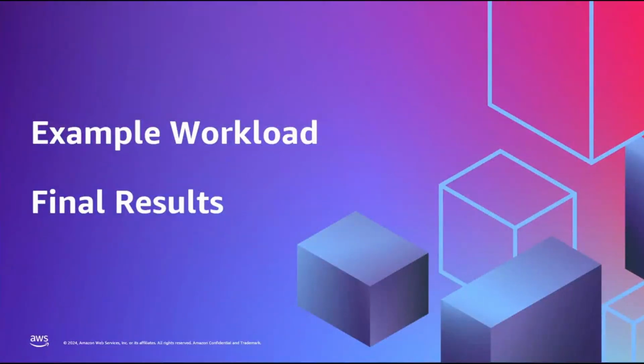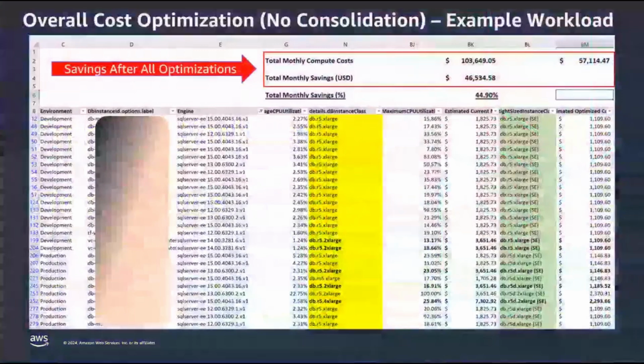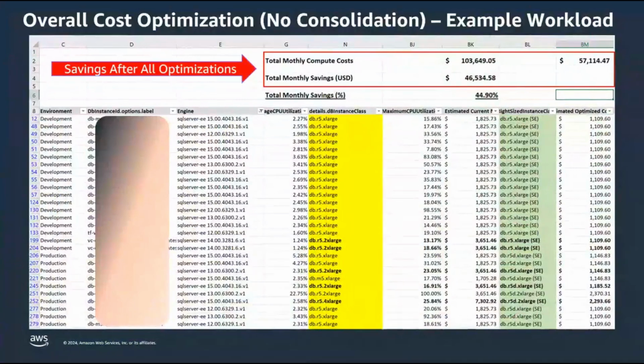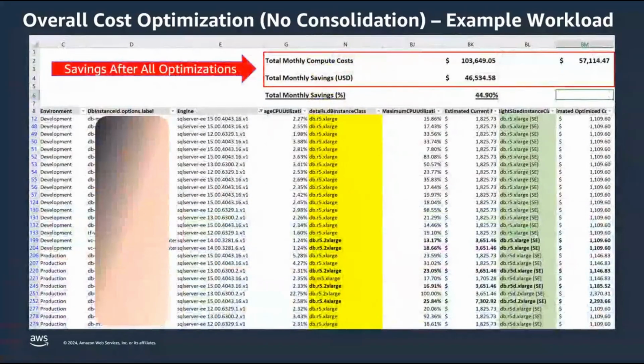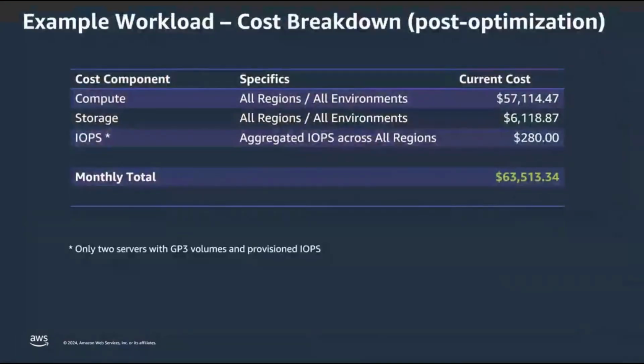So at the end, when we see the final results, after applying the compute optimization changes plus the additional optimizations we did, we actually ended up with 44.9% savings, which I think ends with 63,000 as opposed to 110,000 when we started. This is an actual engagement that I delivered in North America, and I've done many like that.